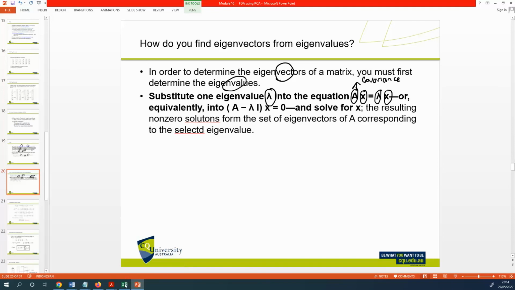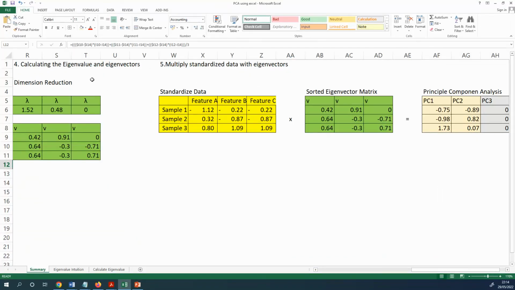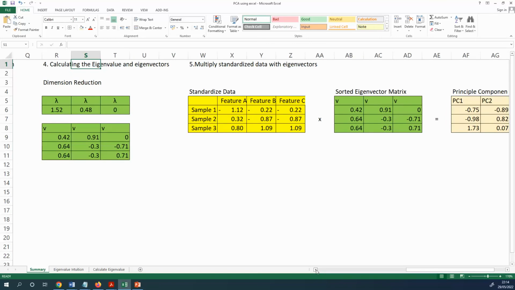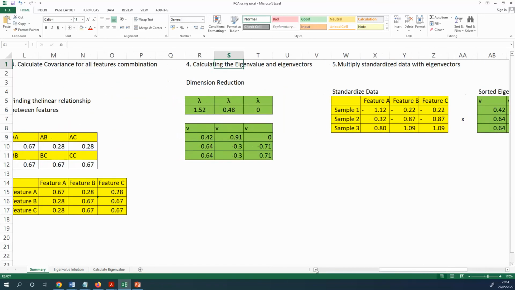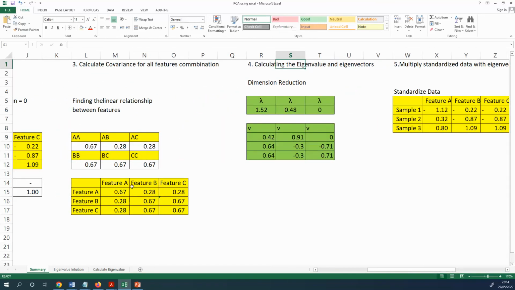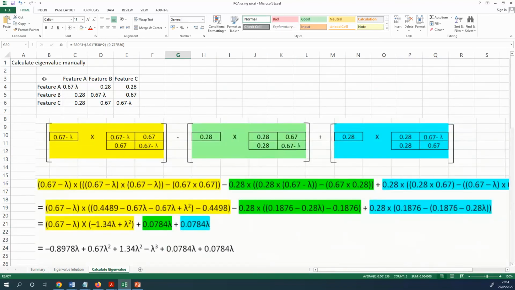Let's do it. In calculating the eigenvalue and eigenvector, we have the covariance data. To calculate the eigenvalues, we can do it manually like this.